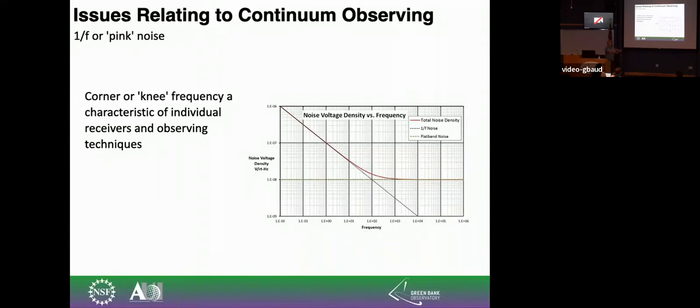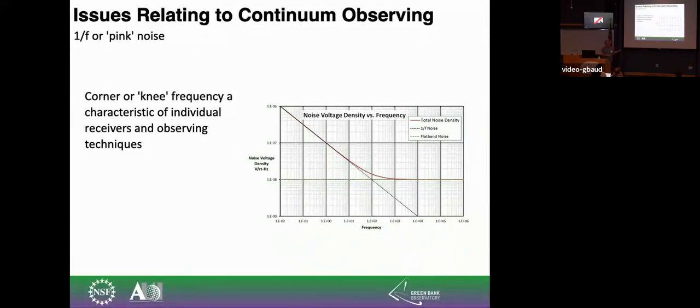We've measured this for each and every receiver, or most of our receivers. Is it in our observer's guide or proposer's guide? It should be, but we reference it. It's GBT number 282. I don't know if the actual values are in our proposer's guide, but you can access the values.